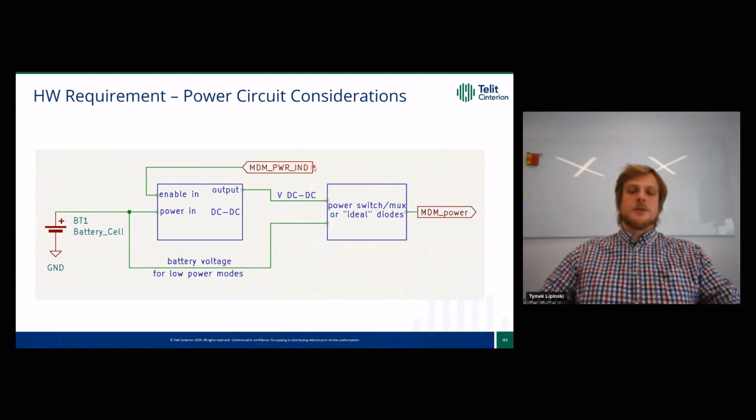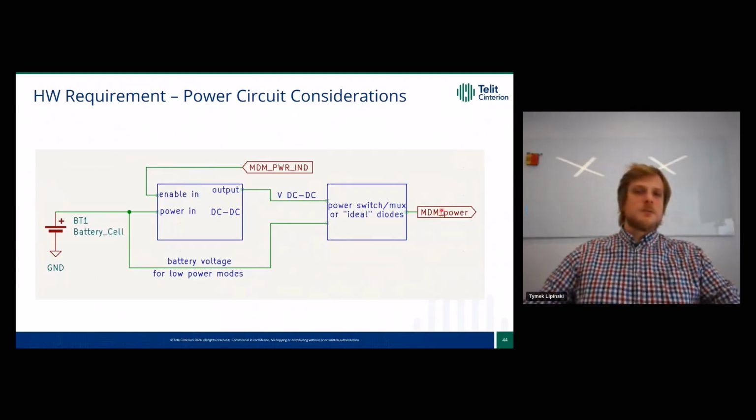Modem power indicator could be derived from the VAUX power mon pin or from V180, depends on the design. So when the modem power is on, it immediately enables the DC to DC to have full nominal voltage supplied to the modem. And we utilize some kind of power switch mux or ideal diode to avoid backfeeding here and there. And we power our modem.